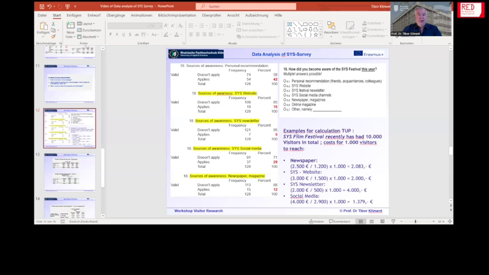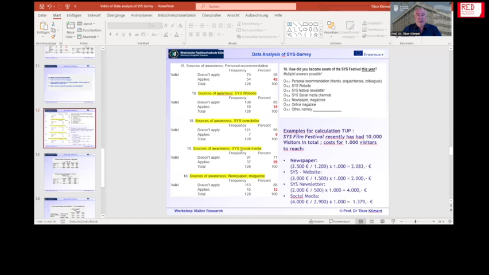Then other sources of awareness are this website. Only 15% of the visitors used this website, which is not very much. We have this newsletter that was maintained before and during the festival. Only 5% of the visitors used this. Then we have social media, Facebook, Instagram account, 29% of the visitors, and newspaper magazines, only 12%.